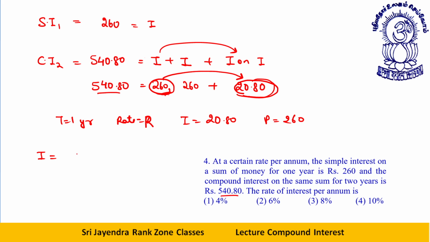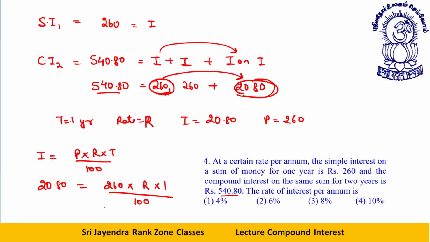So if I apply the formula P into R into T by 100, then what do I get? 20.80 equals 260 rate time by 100.